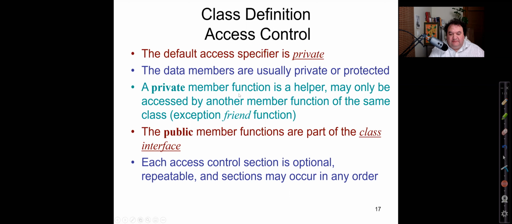And so a function that is private is basically for internal use only, right? Because it's not accessible from the outside, so it's not effectively a part of the API of the class itself.